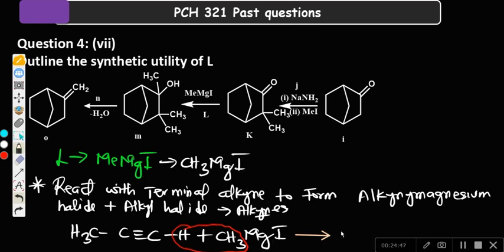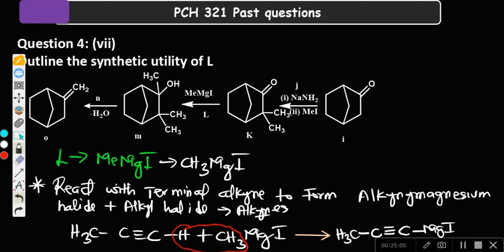So what are you going to have? Something like this: H3C C triple bond C, and here will become magnesium iodide.